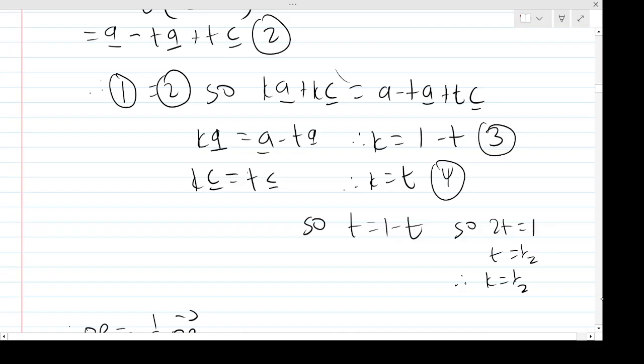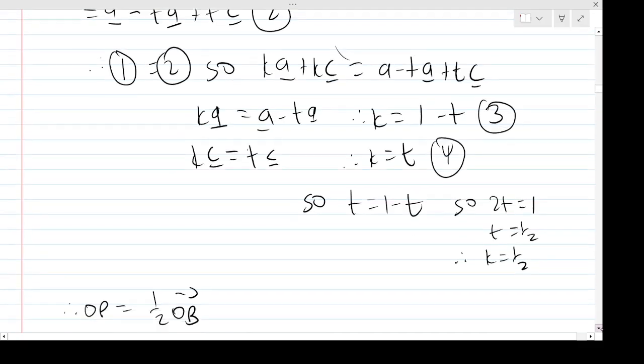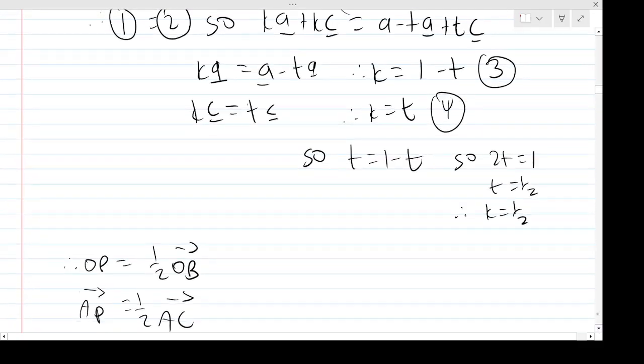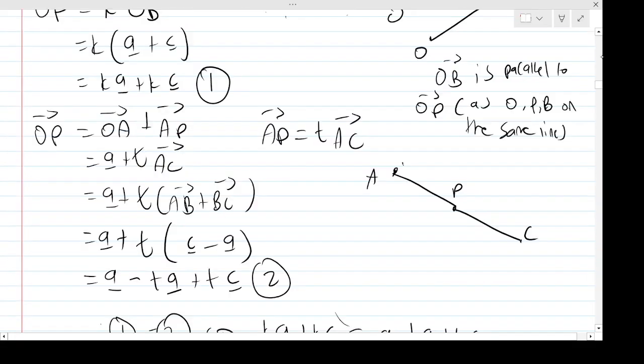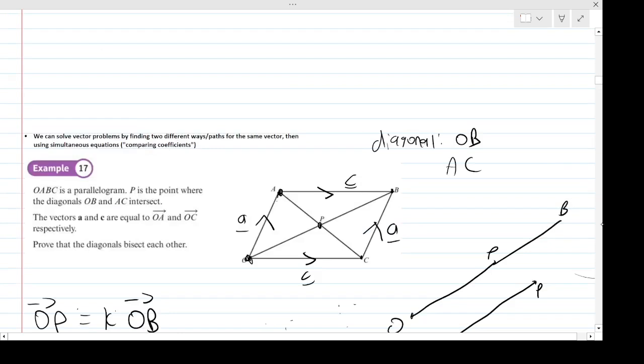Hopefully, you can see that the half signifies it's going to be a midpoint because it's halfway, right? So we kind of proved it really now because we've shown that the vector from A to P is a half of A to C. That means then that P has to be halfway on AC.